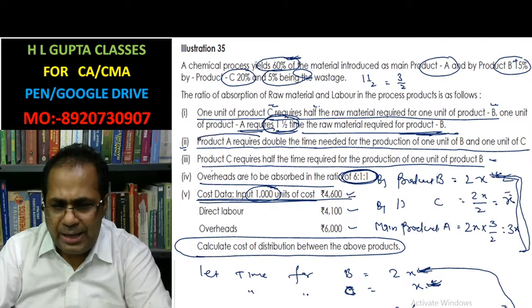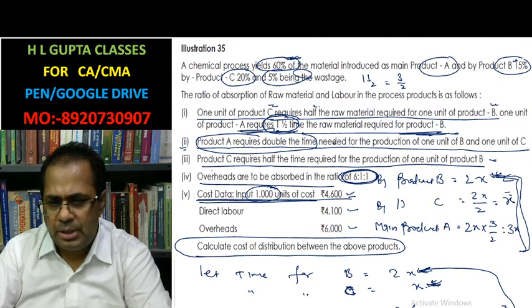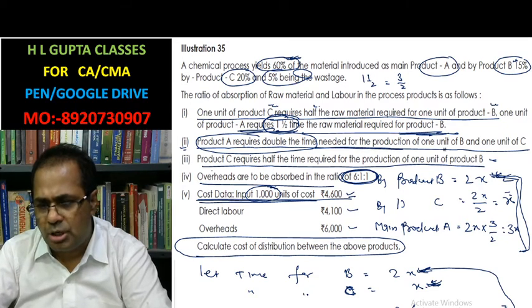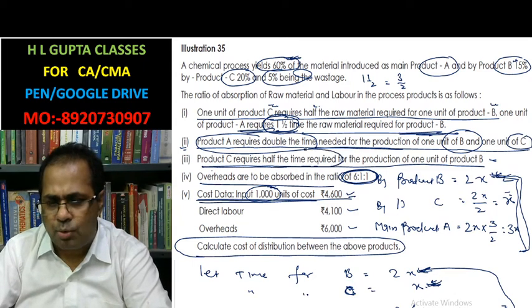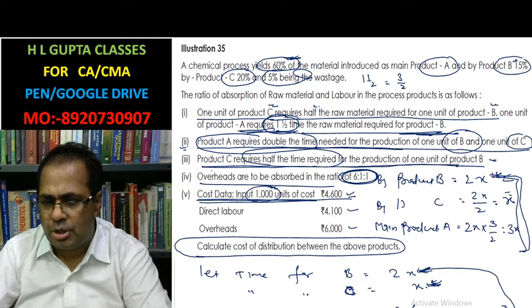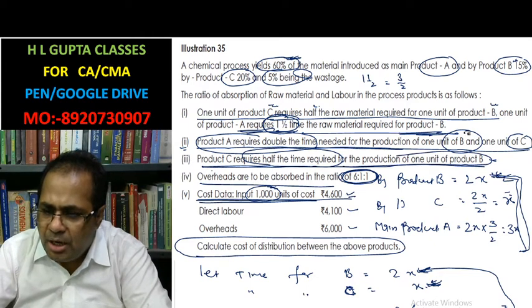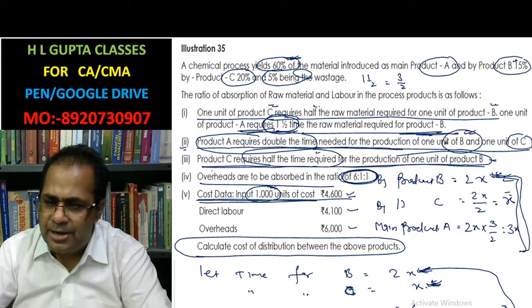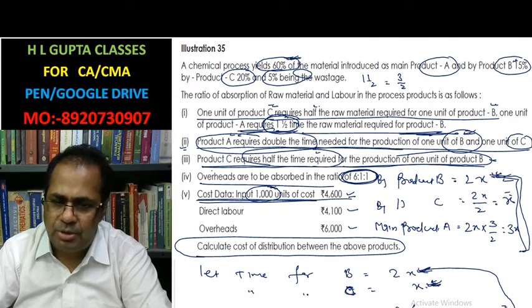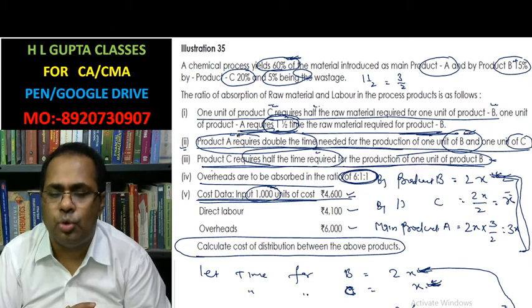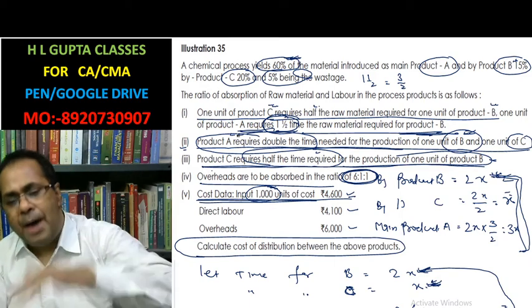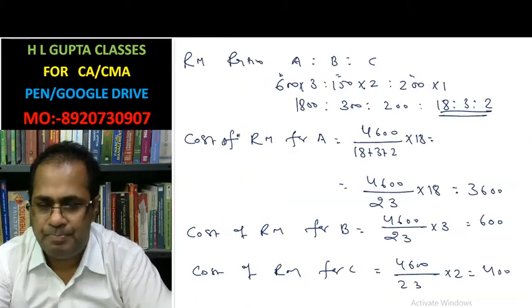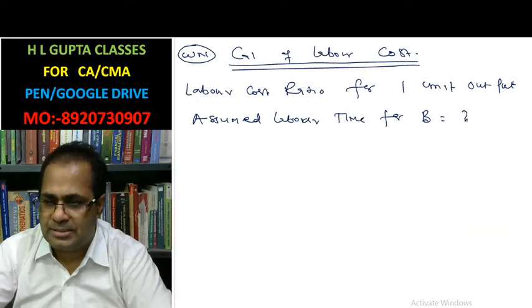Product A requires double the time needed for production of B, and product C requires half of the time required for a production unit of B. In comparison to B, C is calculated, and in comparison to B and C, A is calculated. That's why I am taking 2x. Why 2x? Because C is half of B. This is the 2x.